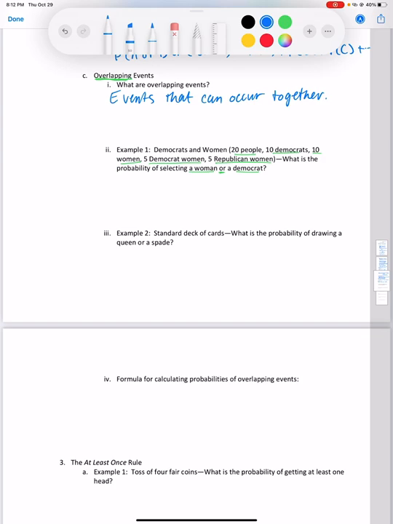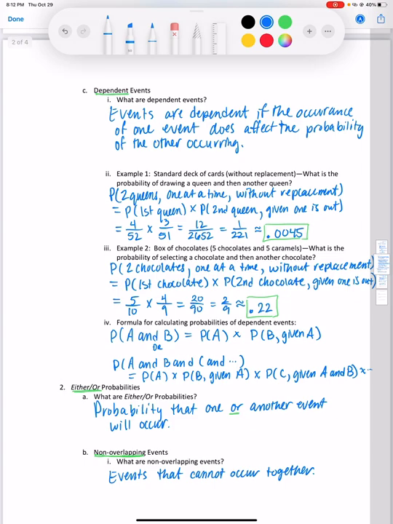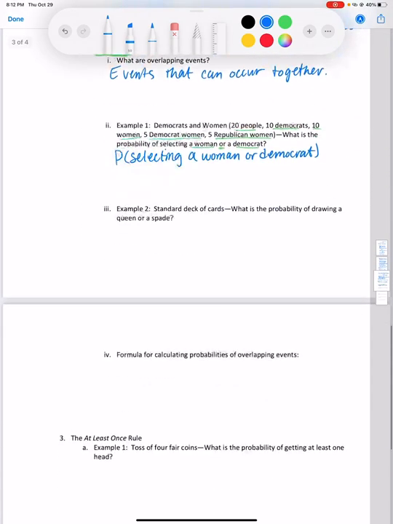Okay, so we think about the probability of selecting a woman, if you choose anybody at random, okay, now that's equal to the probability of selecting a woman plus the probability of selecting a Democrat.